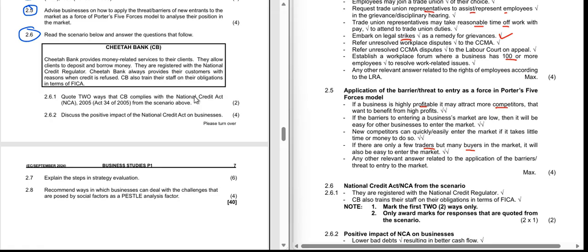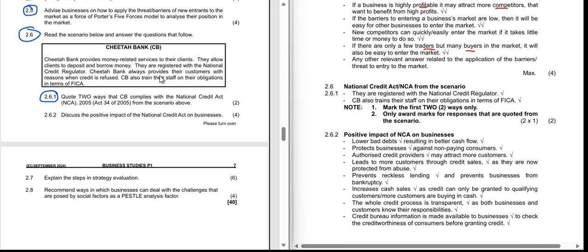So the first question is, quote 2 ways that CB complies with the National Credit Act from the scenario above. Okay, so the first one is they are actually registered with the National Credit Regulator.